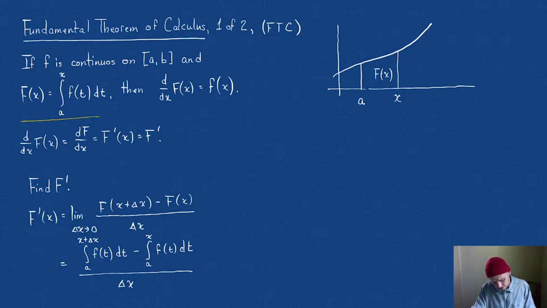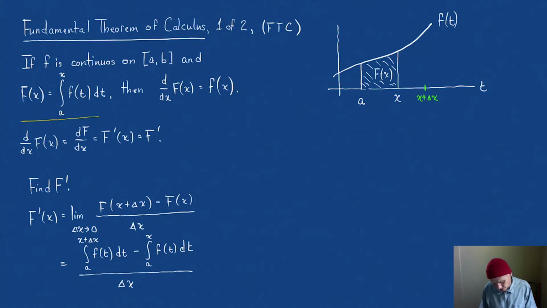Now I'm going to subtract that white area from this greenish area. If I go over here to x plus delta x, this is t, and this is f of t.